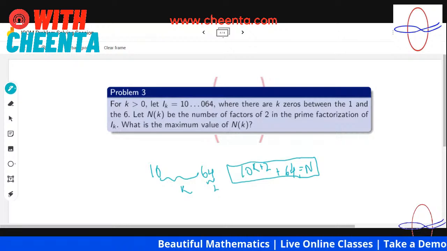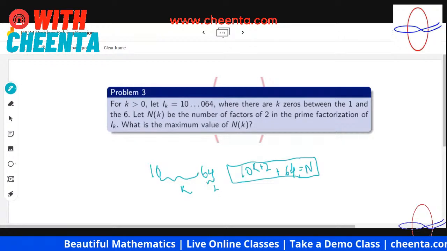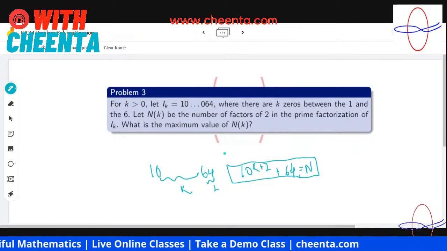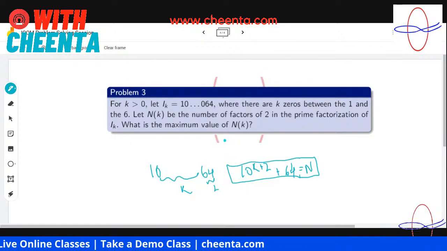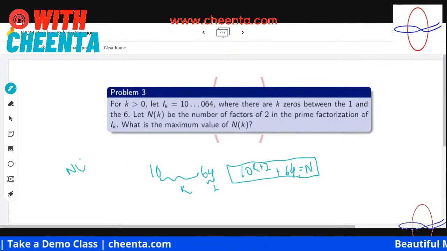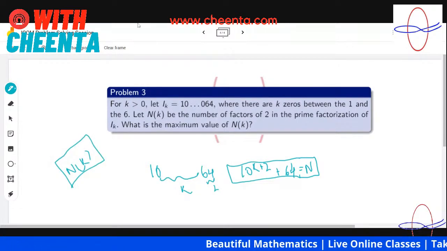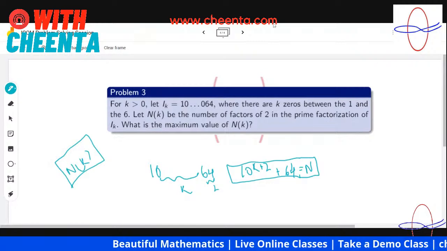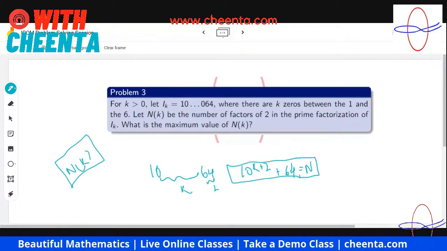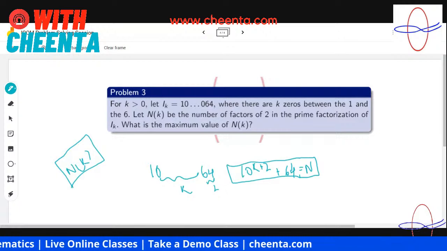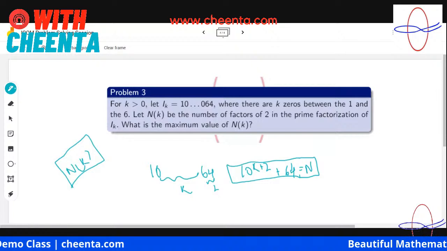So what's next, guys? n_k is asking for the number of factors of 2 in the prime factorization of i_k. What do you mean by number of factors of 2? Can someone tell me? What is meant by the number of factors of 2?